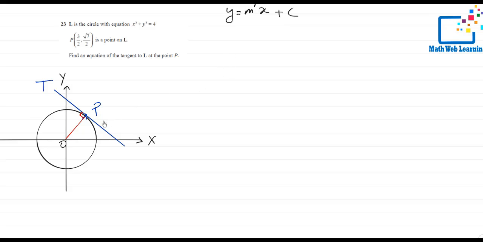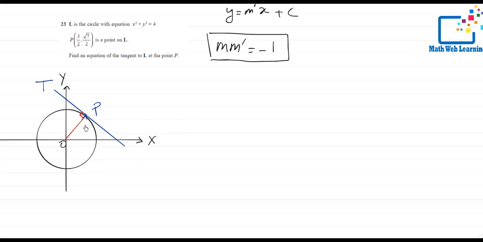Now the gradient, because these two lines, the blue and the red, are perpendicular, so their gradient m, that is the red one here, the gradient of the red line from O to P, times the gradient of the tangent, that is m prime, is always equal to -1. This is a fundamental rule that you need to know in order to tackle this type of question. What else do we need to know?